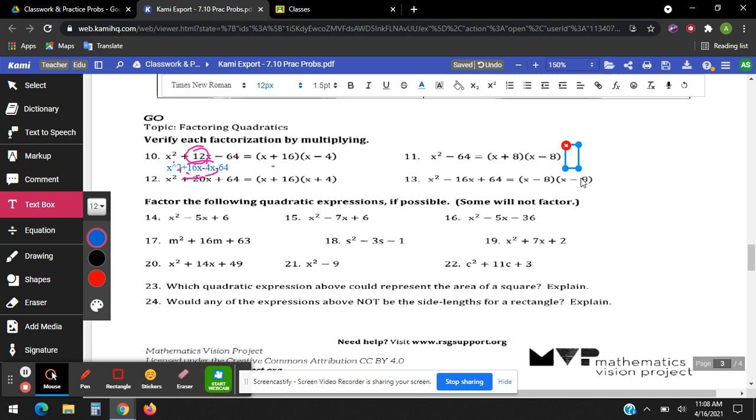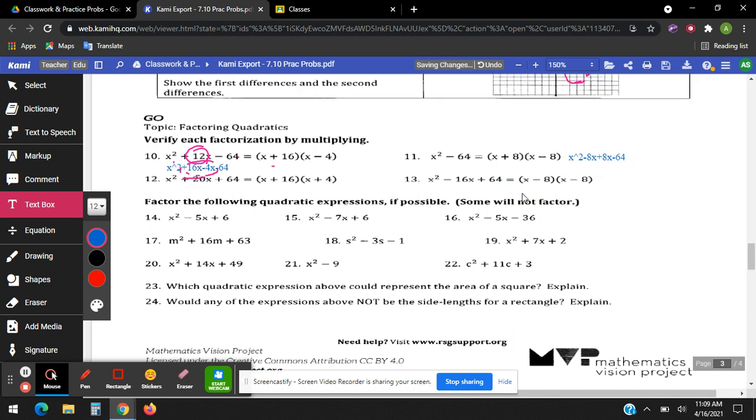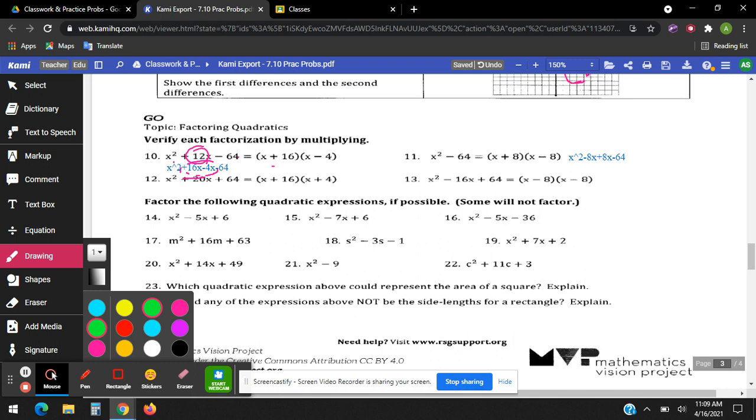So if we do x to the second with a distributive, and then we go minus 8x, then we're going to plus 8x, and then 8 times a negative 8 is a negative 64. So once we do that, maybe we'll use a different color, see if that makes a difference. Negative 8 plus 8 is a 0. They kind of cancel out, don't they? And that leaves us what's left.